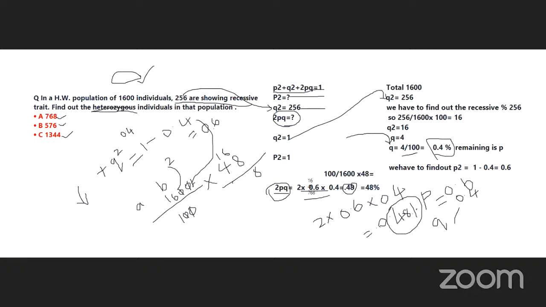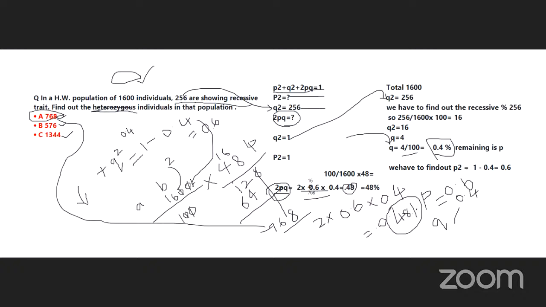Remaining 4 is 8, plus 4, 12. Here 6 4s, 24. Remaining 2 is 4, plus 2, 6. So the total answer is 768. The first option is the answer.